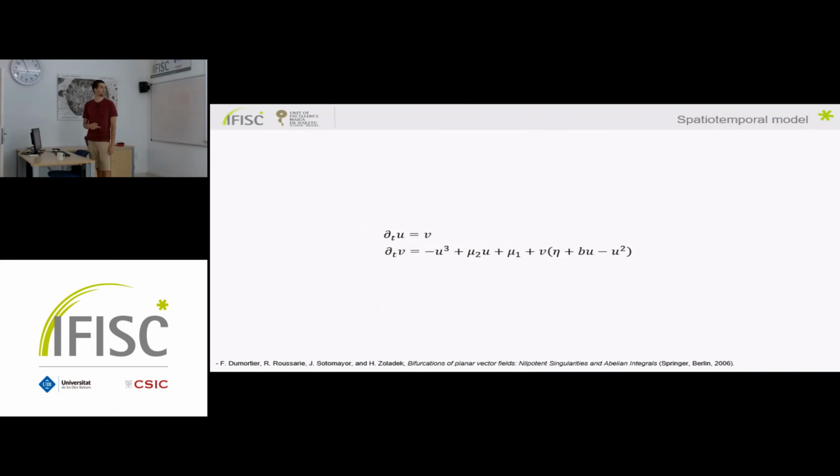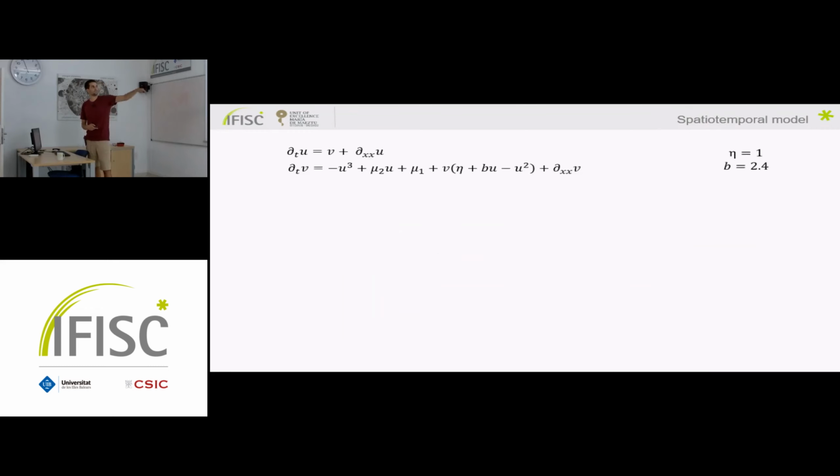We started from the reaction part. We take these equations here that are a normal form for a high codimension point that gives a complete description of type 1 excitability. So with this equation, we can explain the temporal excitability pretty well. And we have added a diffusion term to it. We fixed some parameters because this one has 4, and it was a little bit complicated to work with that.